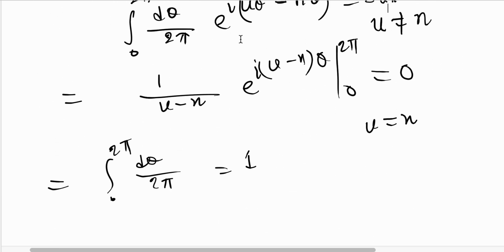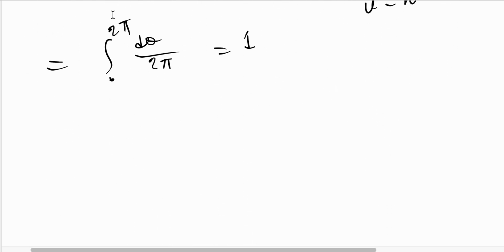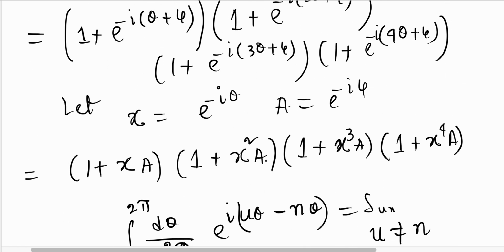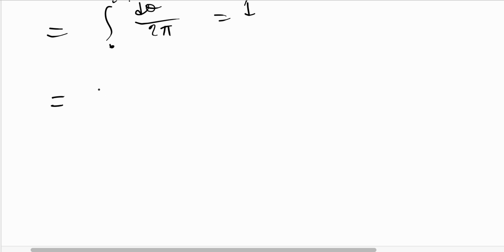Since x is nothing but e to the power minus i theta, I will get some exponent n, m, some alpha nm x to the power n a to the power m, right?